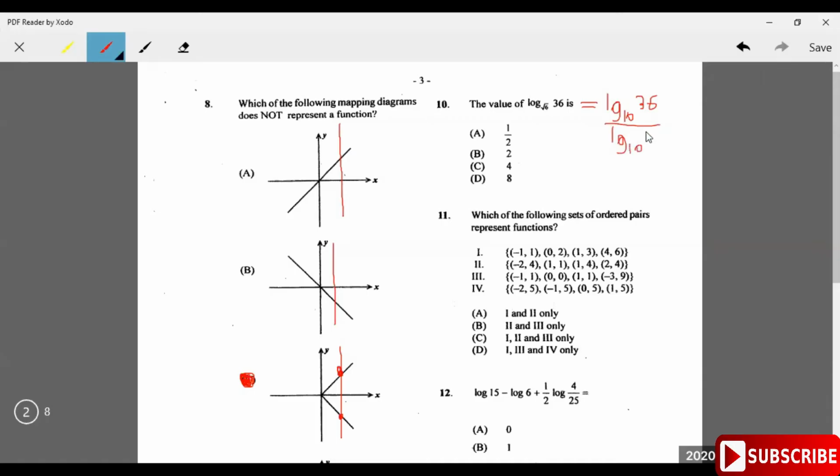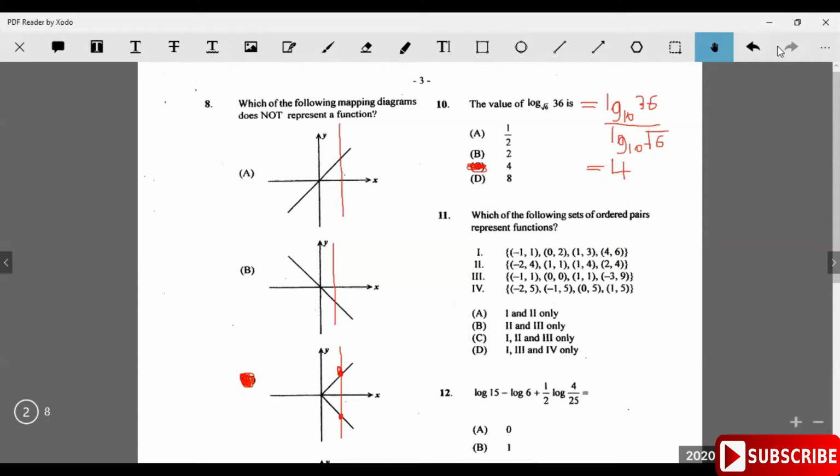This way is very easy because then you can just put it in a calculator, and log of 36 divided by the log of root 6 is going to give us 4. So easy. And that is option C.